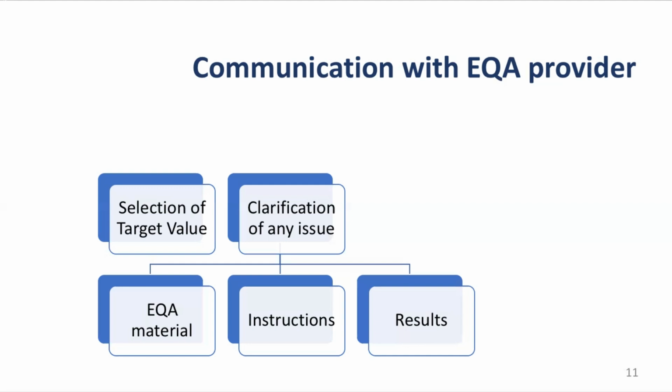One thing is, the EQAS provider may say we are using reference material or calibrator. It has a fixed value, so we are using that as the target value or assigned value. They may say my laboratory is a reference laboratory. I will test in my laboratory and your results will be compared with that result.